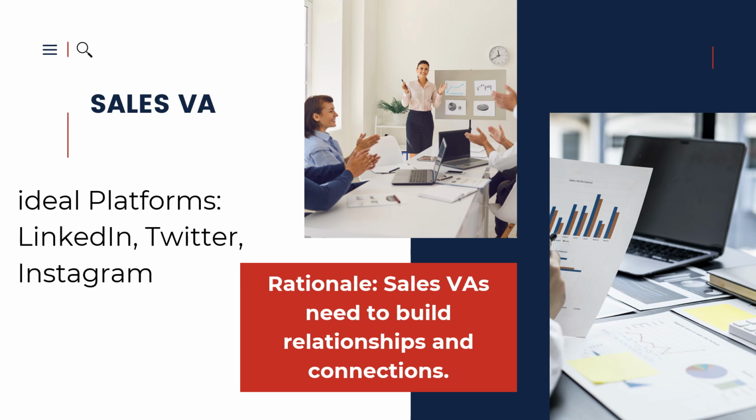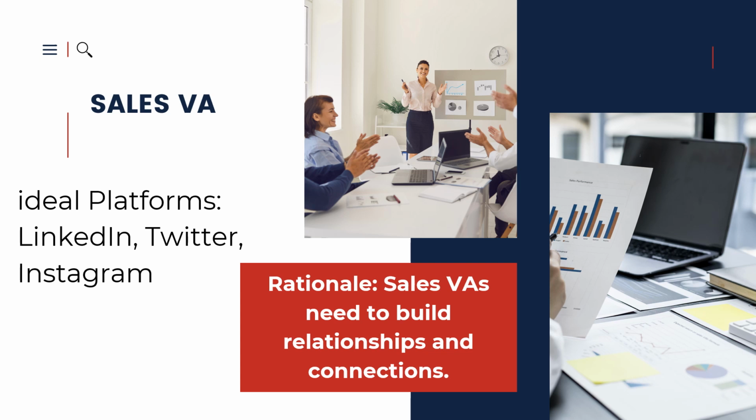Okay, for sales VA, the ideal platforms are LinkedIn, Twitter, and Instagram. If you're good with sales, let's say you already have a small business of online selling, you might consider the category of sales VA. So again, you need to have LinkedIn.